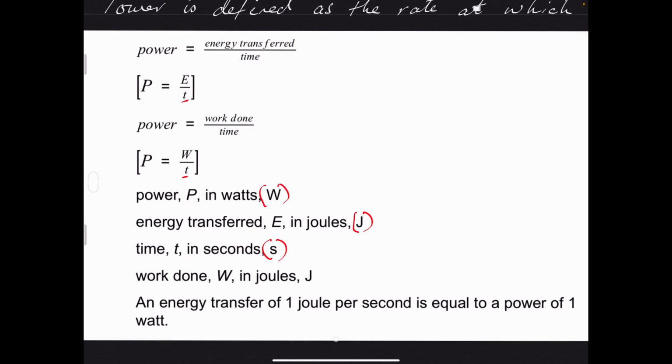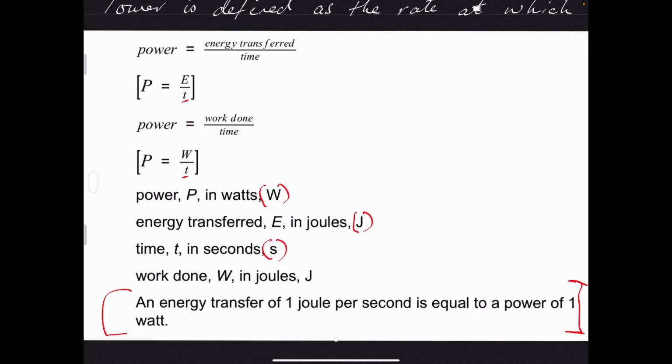An energy transfer of 1 joule per second is equal to a power of 1 watt. So let me repeat that again. When we transfer 1 joule per second, that is equal to a power of 1 watt.